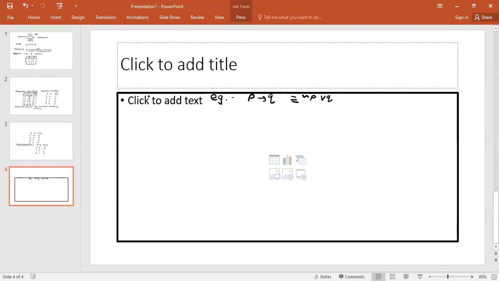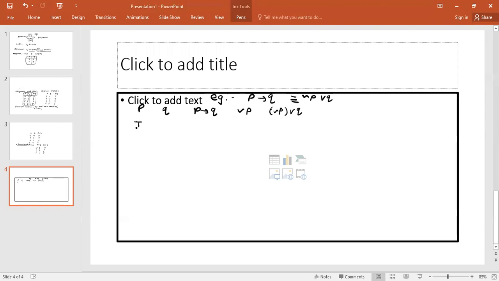How to solve this? We have to construct the truth table. So this is P, this is Q, this is P conditional Q, then negation of P and negation of P conjunction Q.